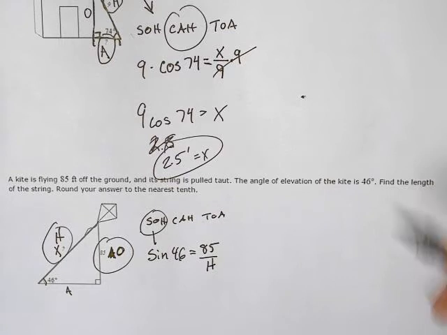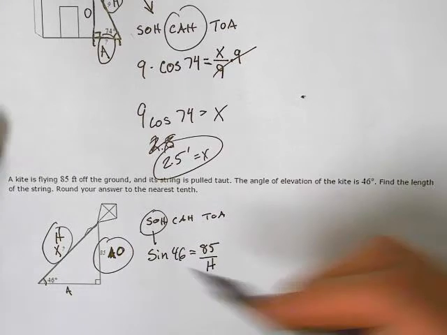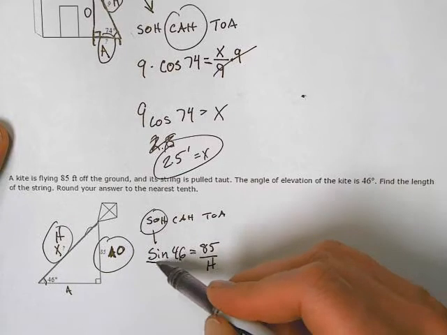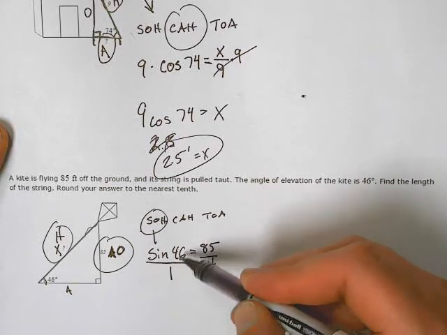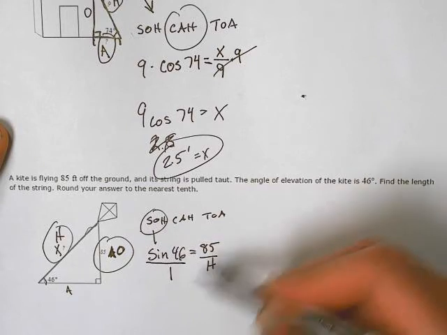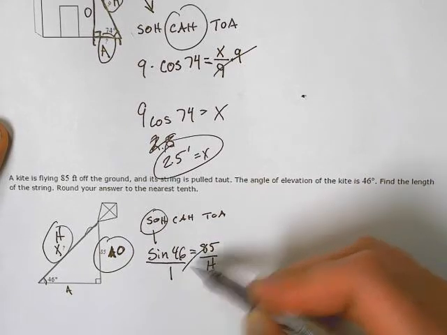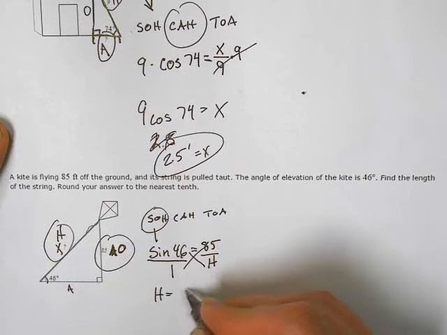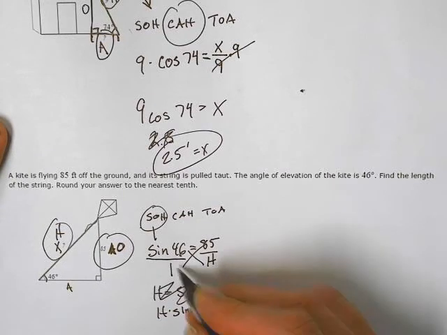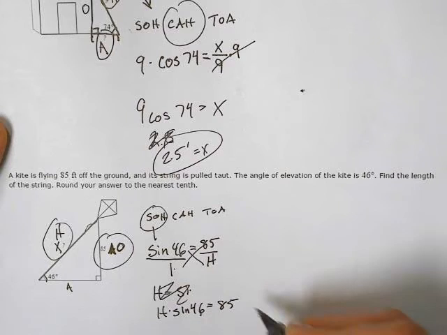Now, you have to solve this rational equation. There's a long way of doing this and a short way. I'm going to show you the long way real quick. If I make a fraction equal to a fraction, I can write sine of 46 over 1 equals 85 over H. If I cross multiply, it's H times the sine of 46 equals 1 times 85, which is just 85.